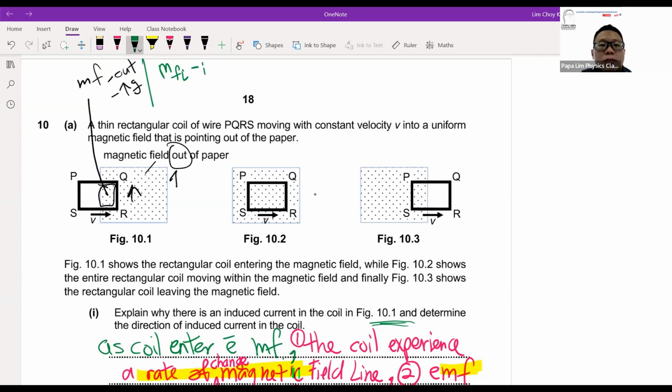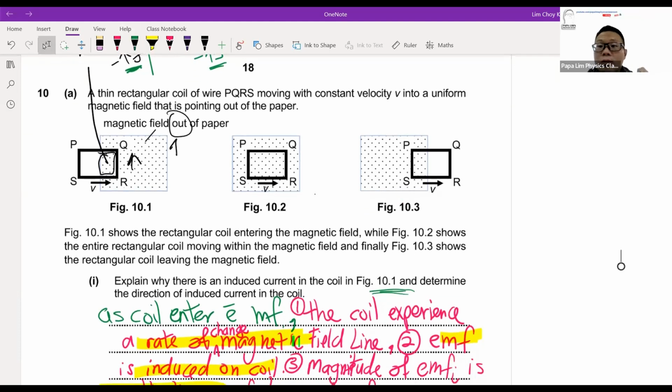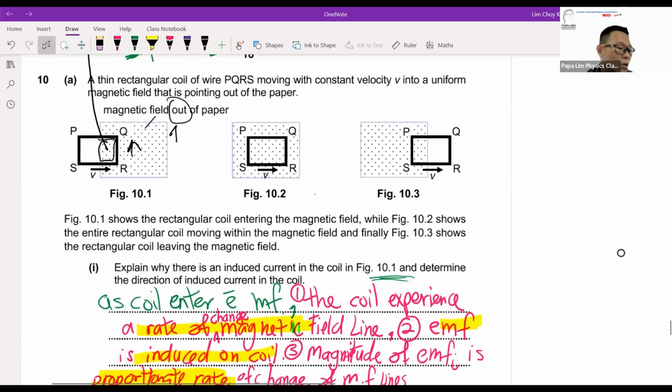It means it must be inwards, going into the paper, and it must also be increasing, to match the change, to oppose the changes. So your induced field line is always going into the paper in this case, and is always increasing.